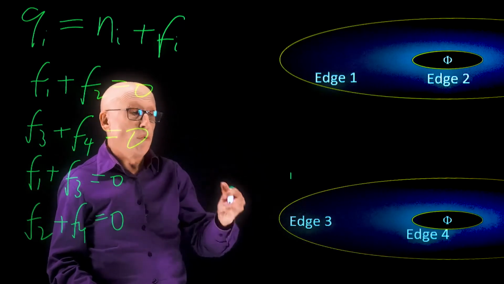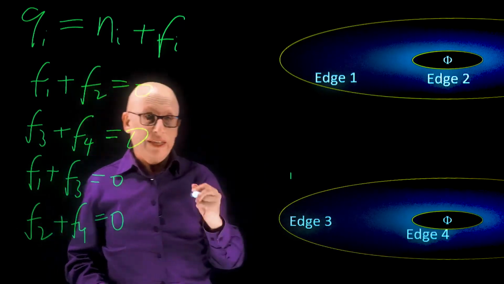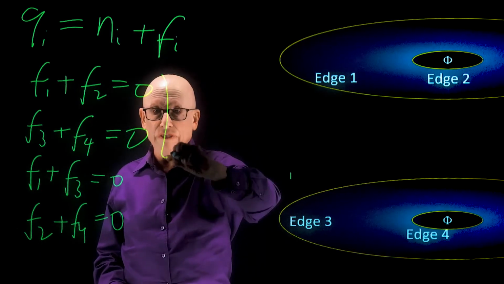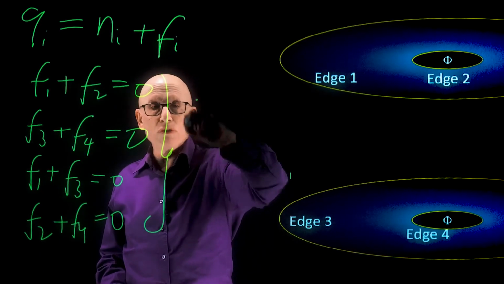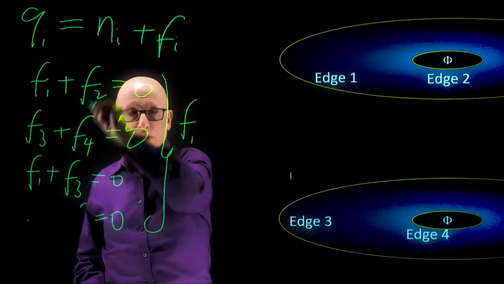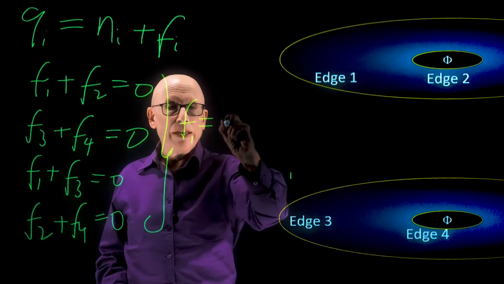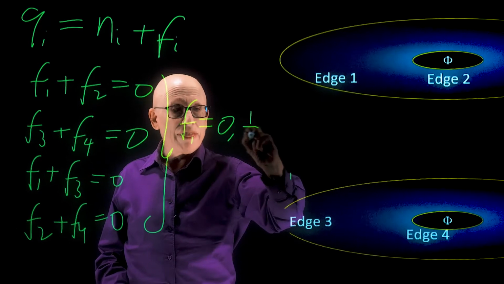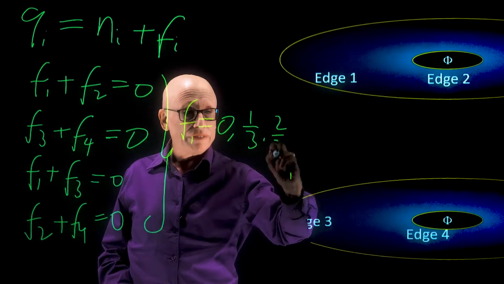Altogether, we have only 1 degree of freedom coming out of these four equations. Once we fix f1, we fix all the others, and f1 can be either 0, 1/3, or 2/3.